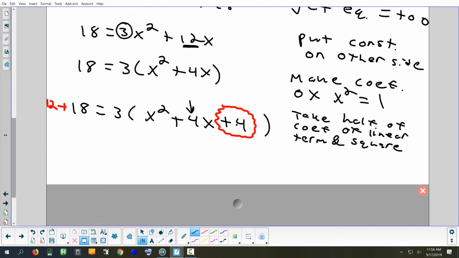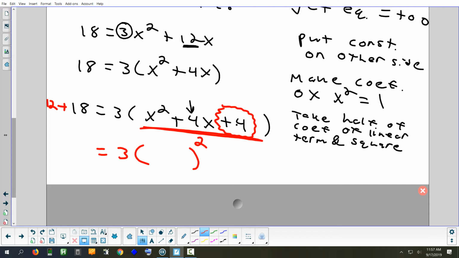Now, watch what happens on the right-hand side, and all of a sudden it's going to start to look like the kind of equations we've been using all class. On the right-hand side, x squared plus 4x plus 4. This is going to factor nicely. It's going to factor into two things that are the same.